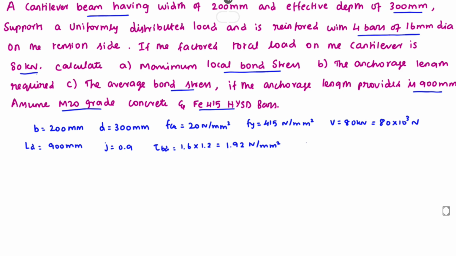Next, we can find sigma O, that is 4 numbers of 16 mm bars, so 4 into pi into D, that is 16, which is equal to 201 mm. Then AST equal to 4 bars of 16 mm dia. So these are all the given values.